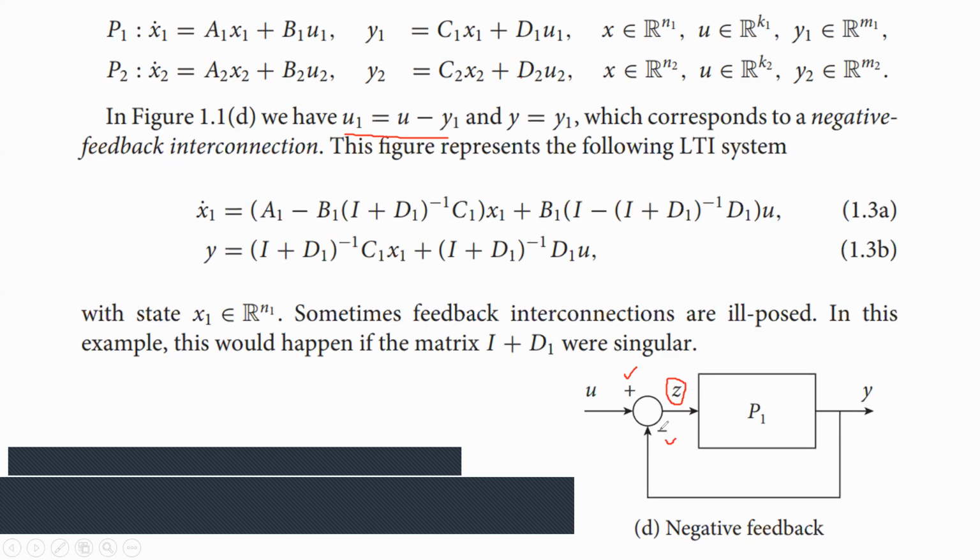That means the negative sign is associated. So the actual input to the system is U minus Y1. And similarly, the output of the system Y1 जो हमने assume किया हुआ था, that is Y. So when we put this into the equation, क्योंकि यहाँ एक ही process है, only one equation, so we get the representation.